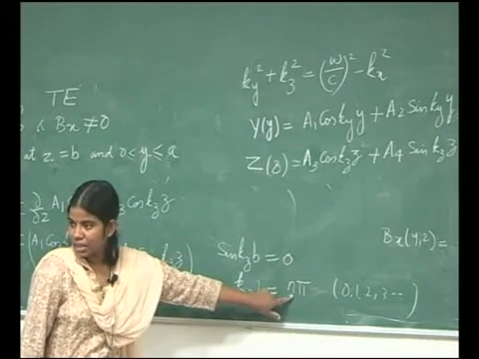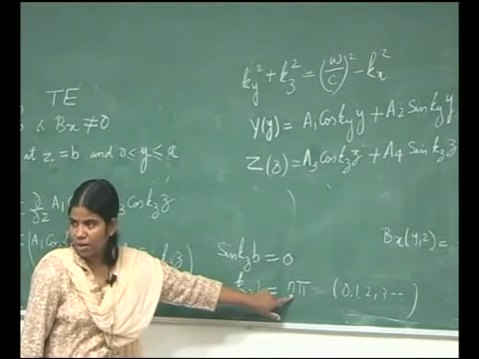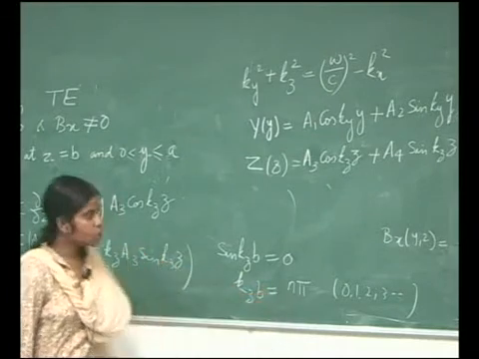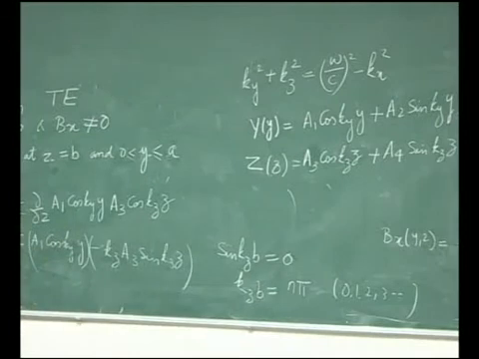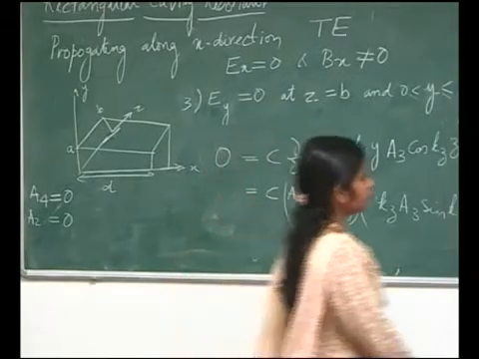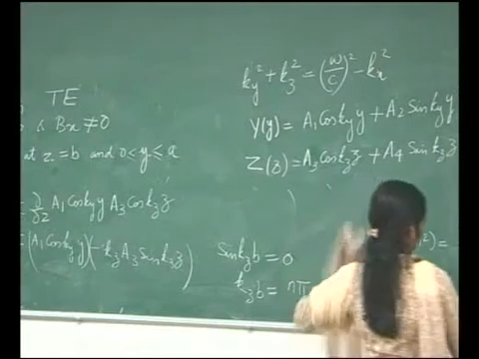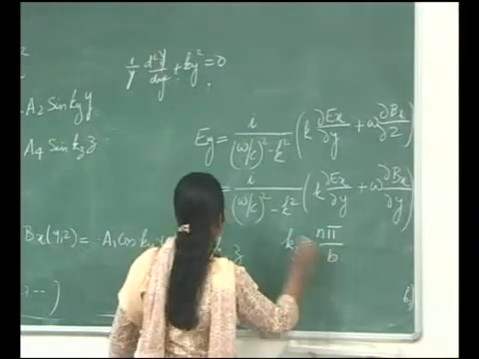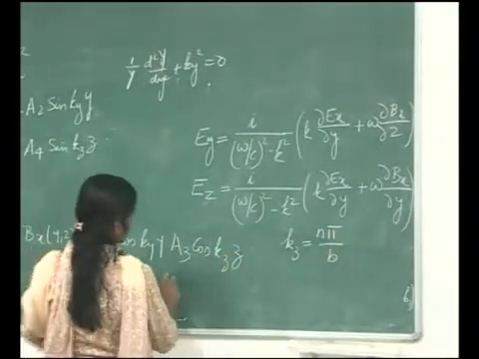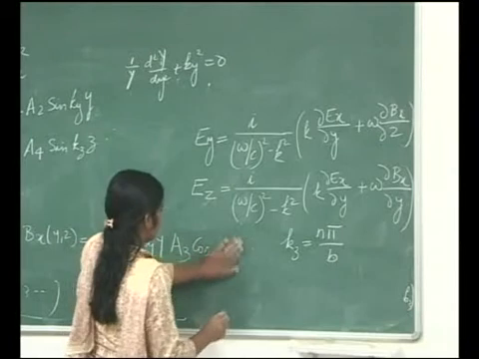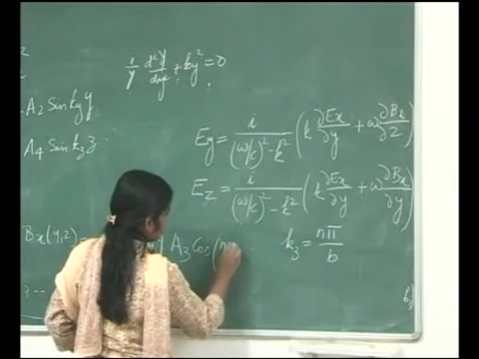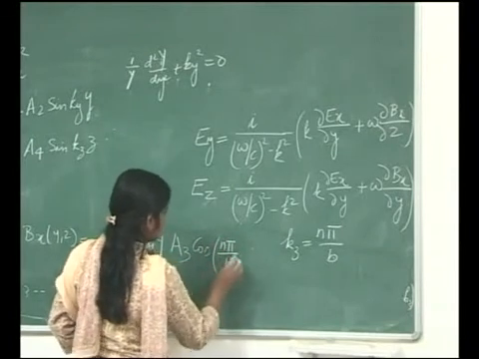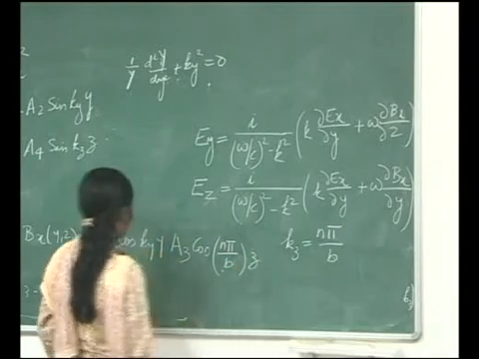So I get one thing, that kz, I will write down here, kz is equal to n pi by b. So now my equation becomes here n pi by b into z.